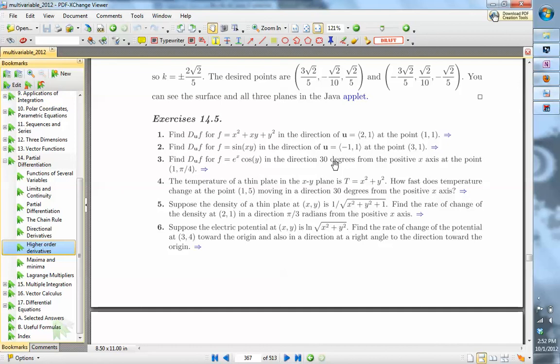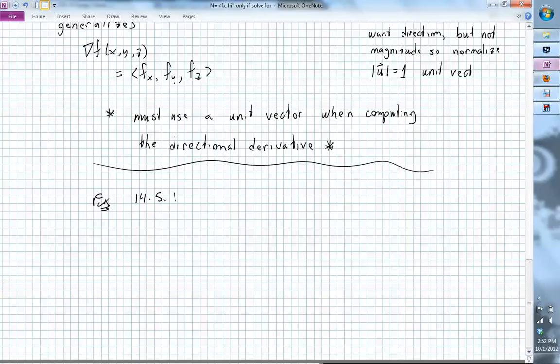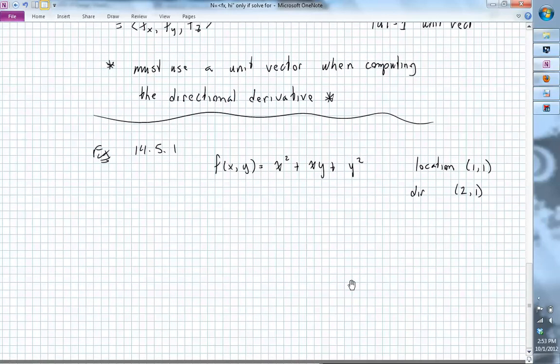Okay, so that's x squared plus xy plus y squared. Try to remember that. And the location, I think, was 1, 1. And the direction was 2, 1. And you're asked to find the directional derivative in the direction u of f at 1, 1.